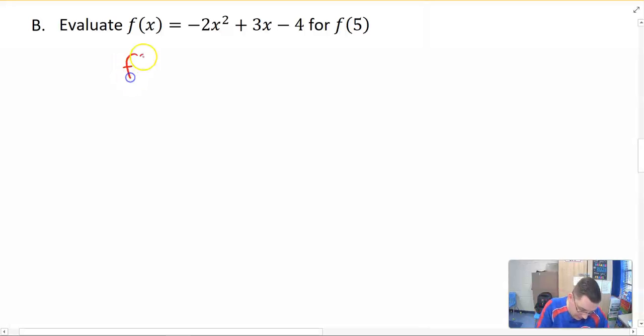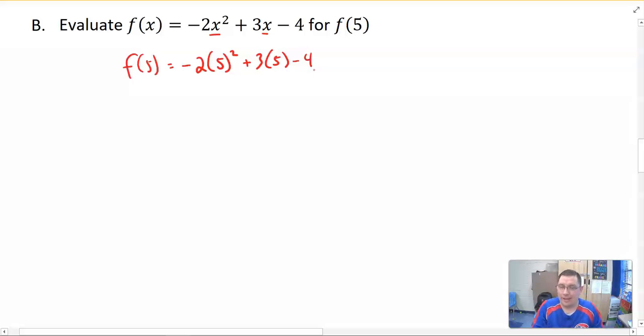So f of 5 is equal to, everywhere I see the x, I will replace it with the 5. And remember, anytime you substitute, you need to put that number first into parentheses and then do your order of operations. And so negative 2 times 5 squared plus 3 times the 5 minus the 4. So again, everywhere I saw x, I've replaced it with 5.